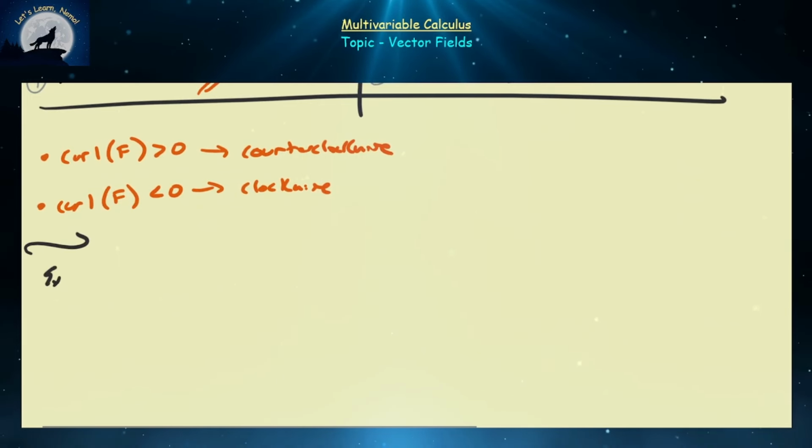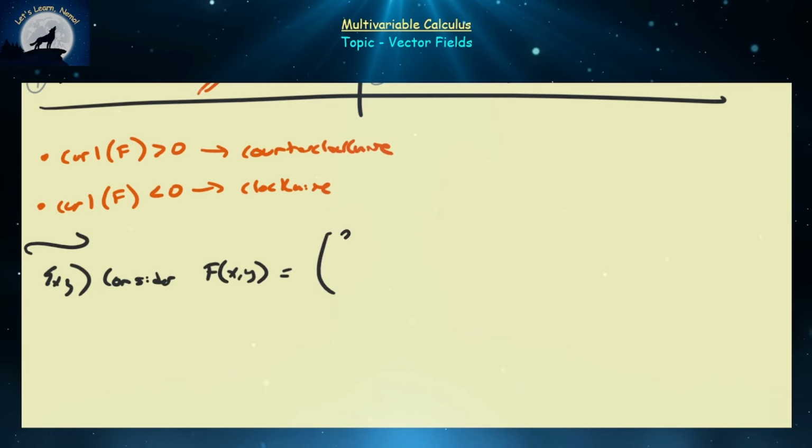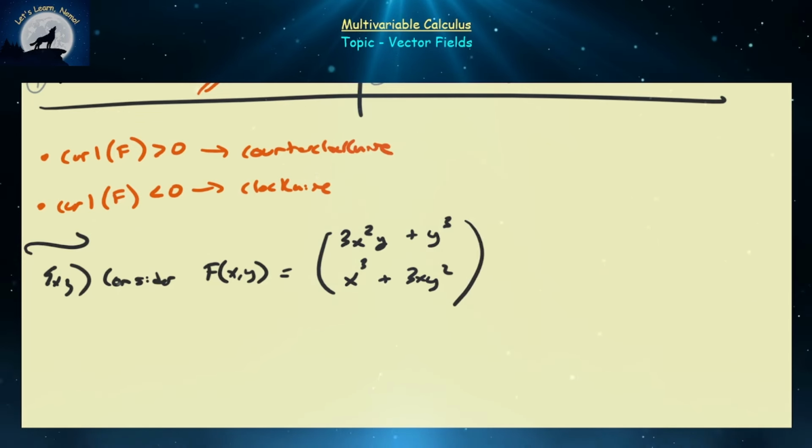So let's actually go through another vector field, one that we haven't explored. Let's consider f(x,y) to be equal to (3x²y + y³, x³ + 3xy²). Right? So what can you say about this particular vector field in terms of the 4 properties that we stated above?